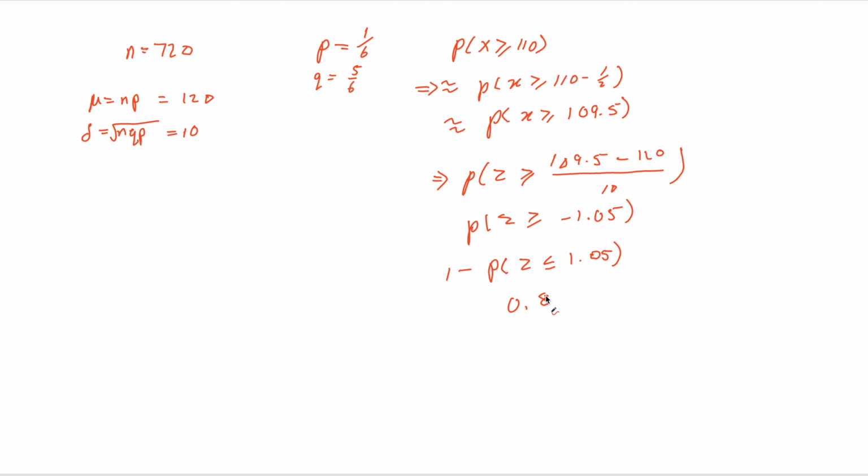So this is 1 minus that one. So you will get, just quickly, 1 minus 0.8531. That gives you 0.1469.